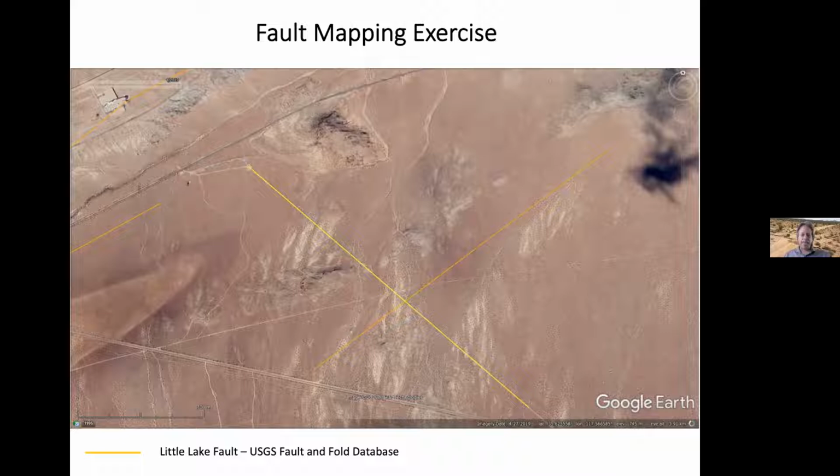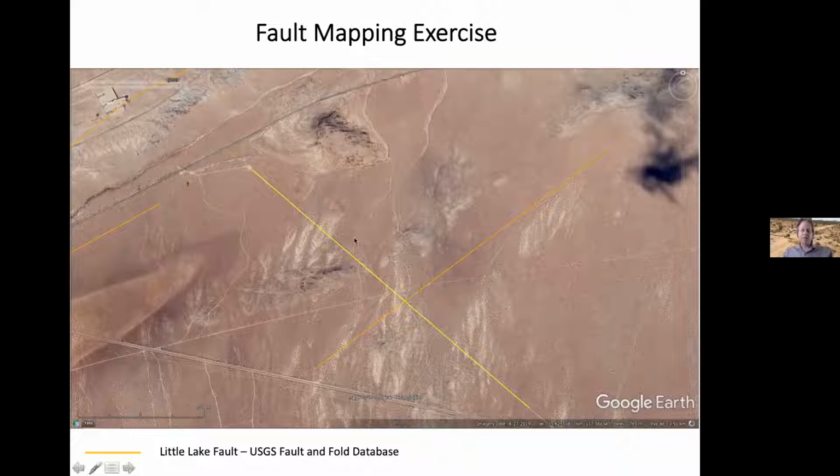These are mapped for use at a different scale than you're seeing in this image. The scale is at the lower left, and you can see the scale shows maybe close to a kilometer. But at this scale, the faults may not be directly on the geomorphic features that are related to those faults.